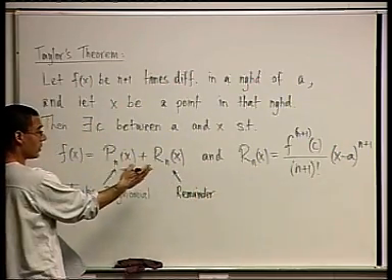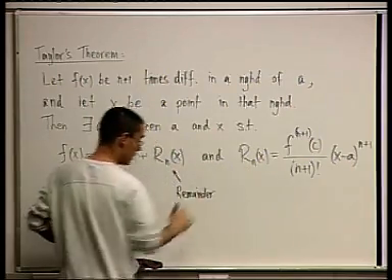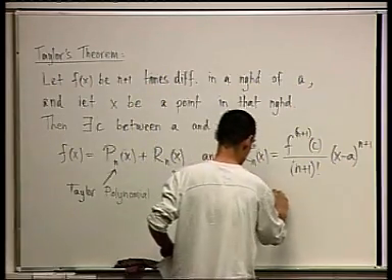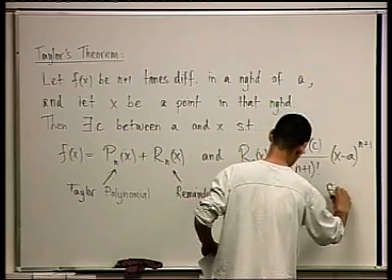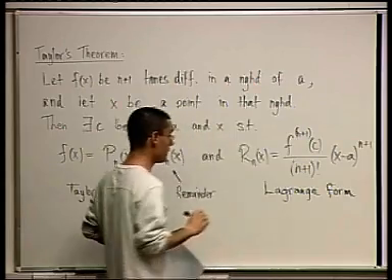And the remainder is given by this formula, which we said is called Lagrange's form of the remainder. There are other ways to write it.